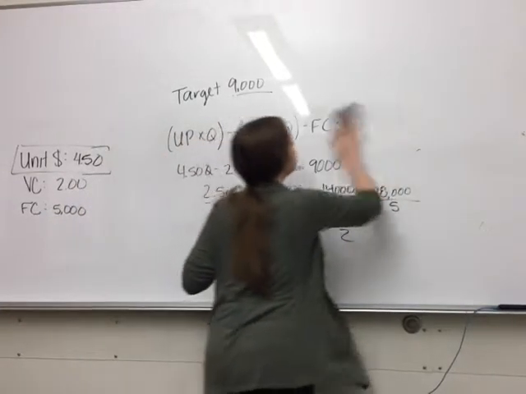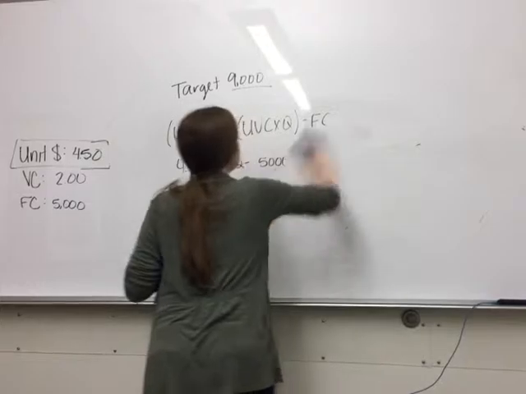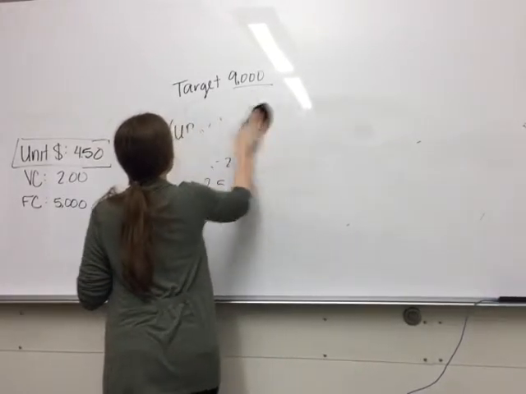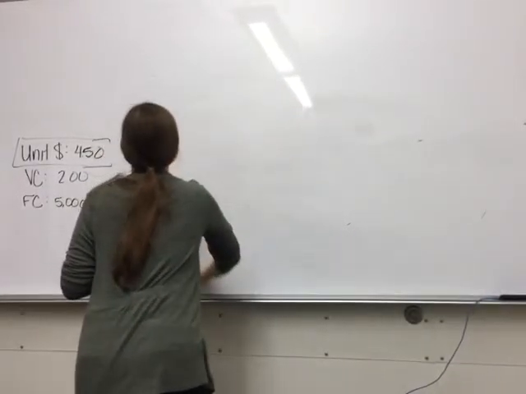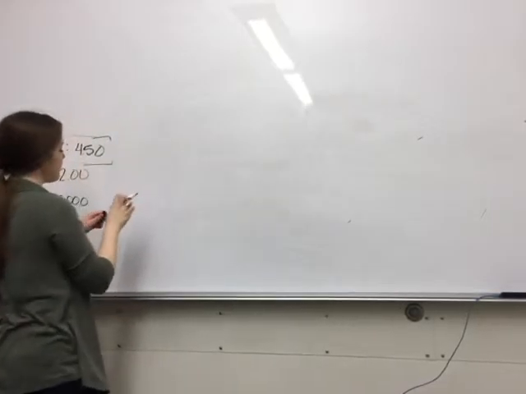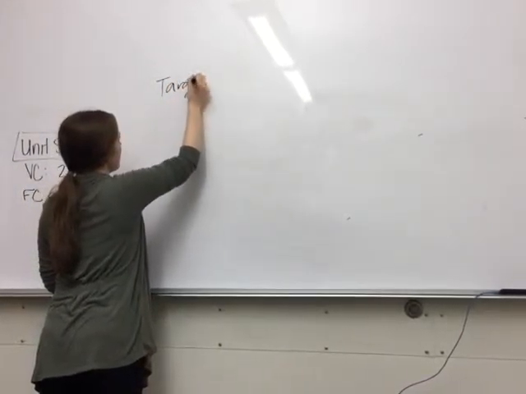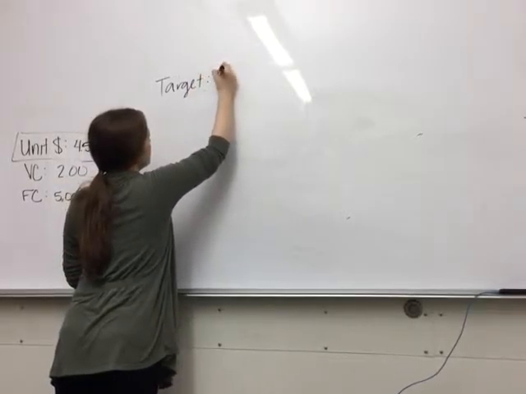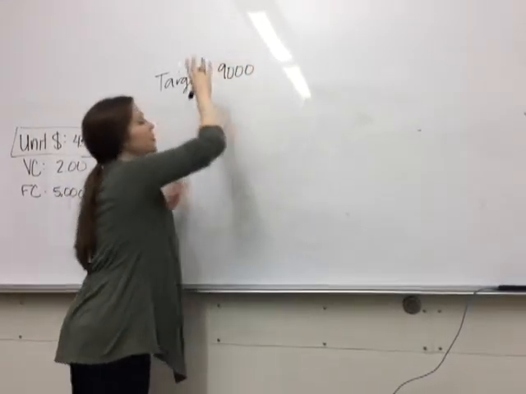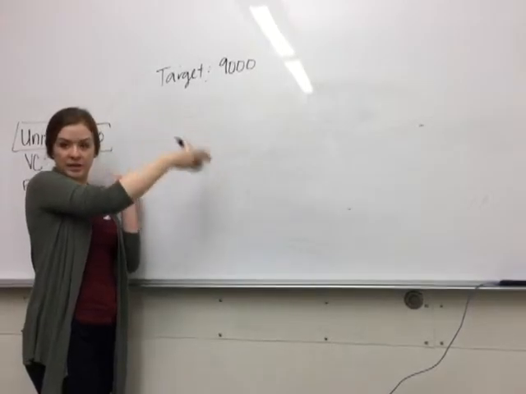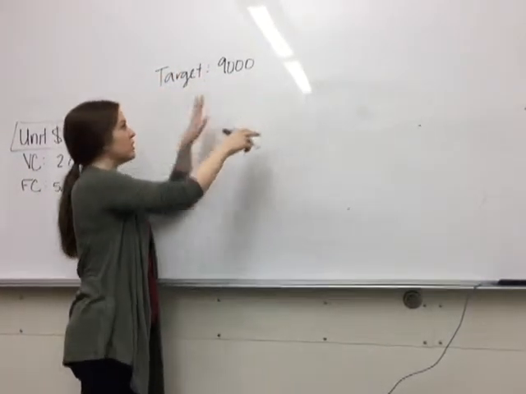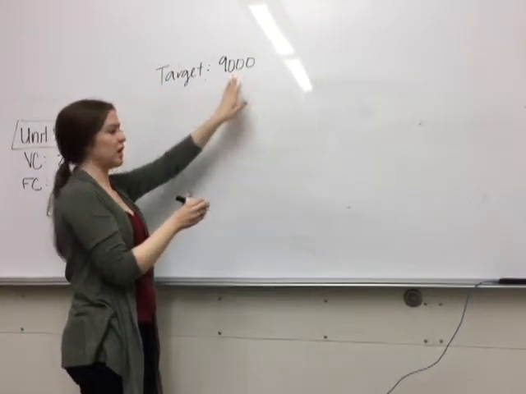Sure, so for example, we'll use the same numbers from the boba problem we used before. So, Amy has a target profit of $9,000. So what we do is we set the break-even point equation equal to what we want to make, equal to the target.